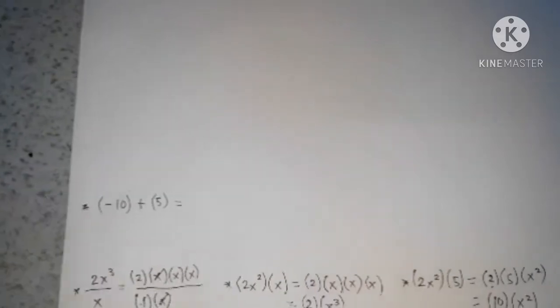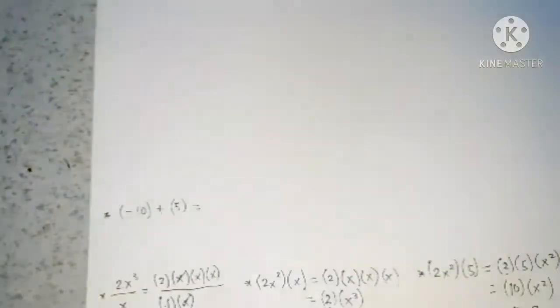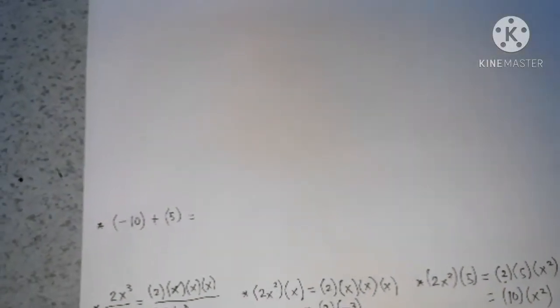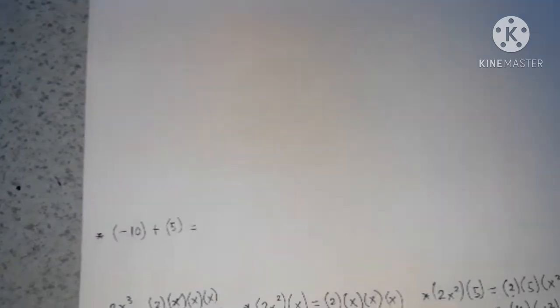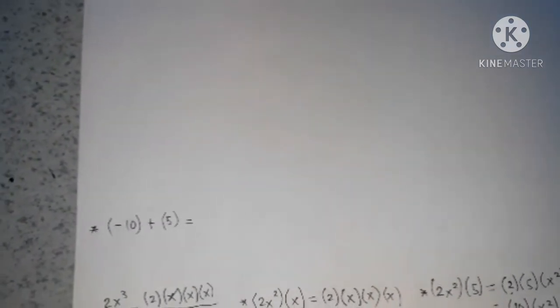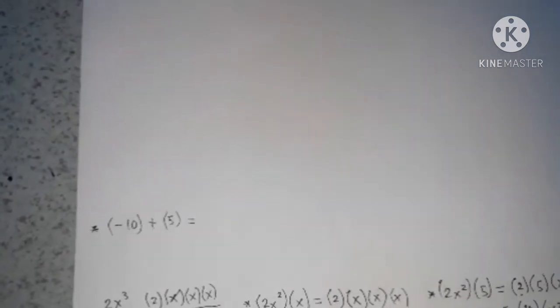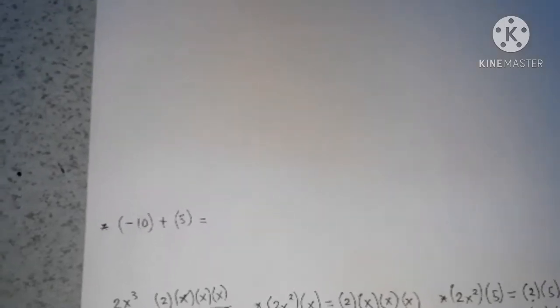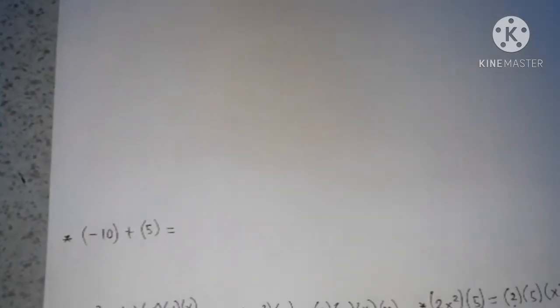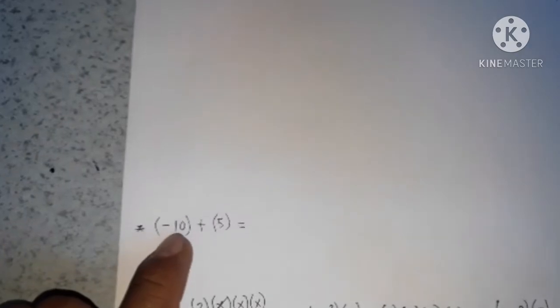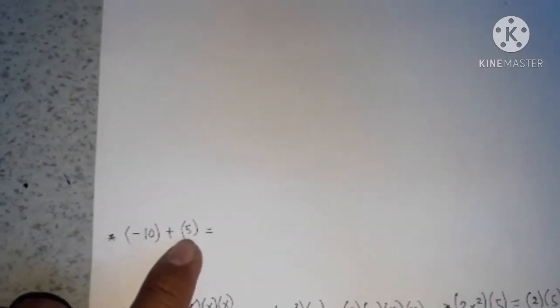So, anong sagot? And so, as you can see, nag-add tayo ng dalawang sign numbers na may magkaibang sign. So, integers with different sign. So, paano daw tayo nag-add ng dalawang sign numbers na may magkaibang sign? Ang ginagawa natin ay isubtract yung absolute value ng dalawang numbers.